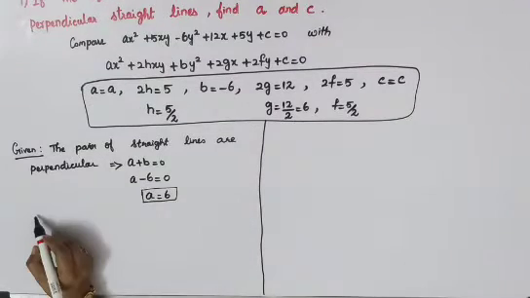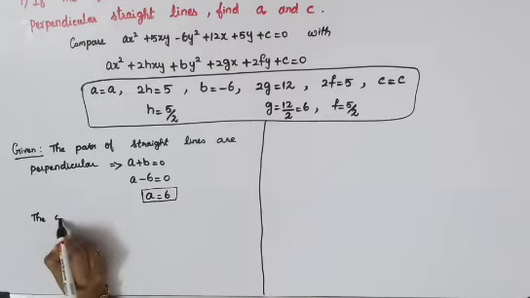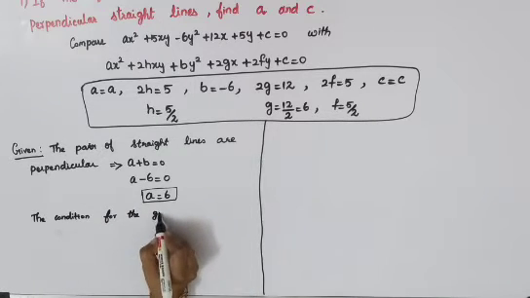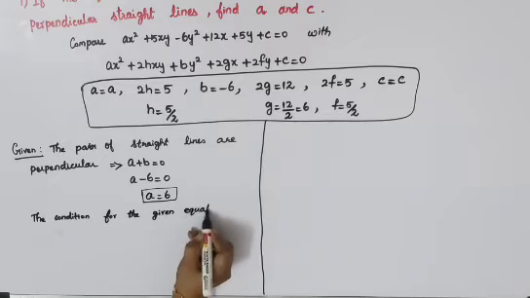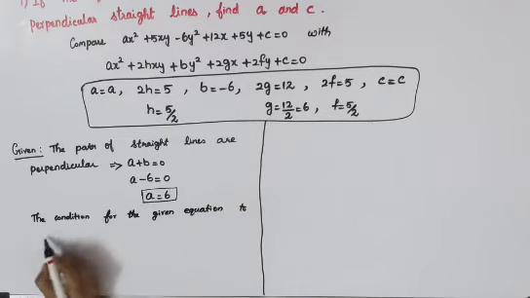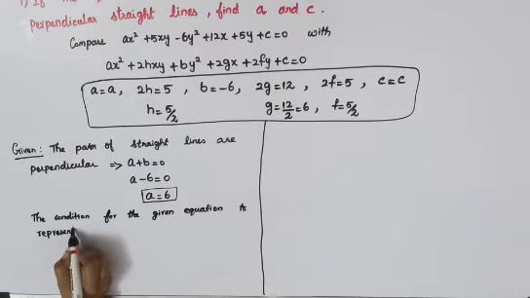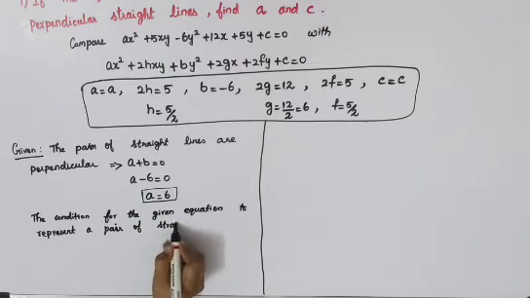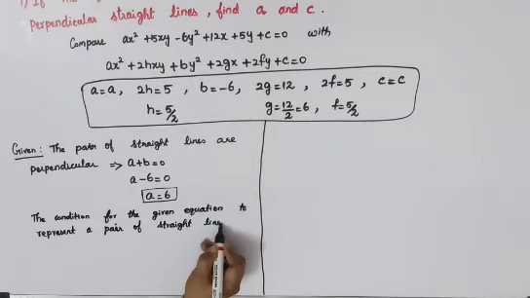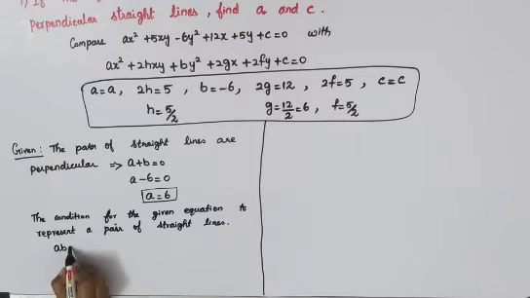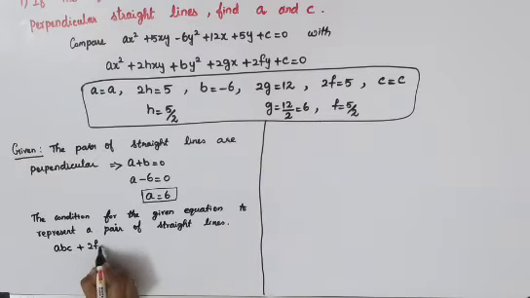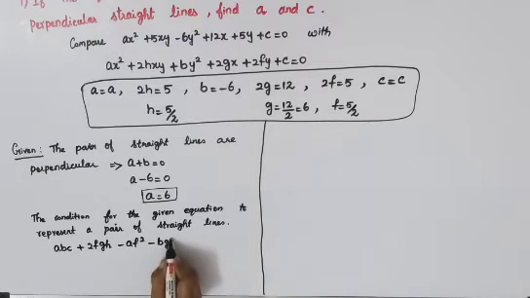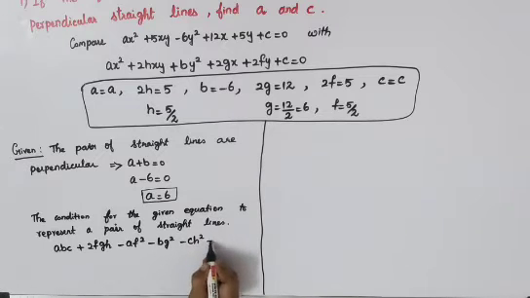Now we have to find c. To find c, the condition for the given equation to represent a pair of straight lines is abc + 2fgh − af² − bg² − ch² = 0.